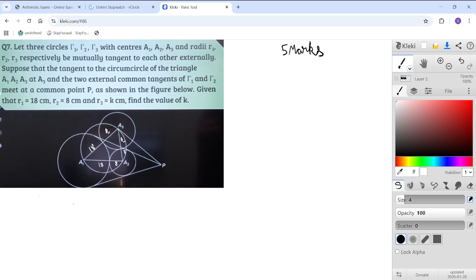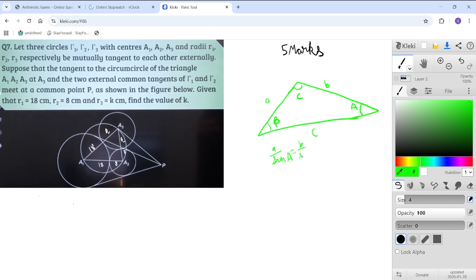So first of all, let's go for concepts. The number one concept that we'll have to learn here is the law of sines. If there's a triangle with sides a, b, c and angles A, B, C, then a over sin A is equal to b over sin B equal to c over sin C. This is also used in proving other things.